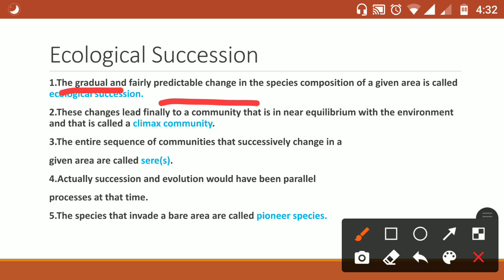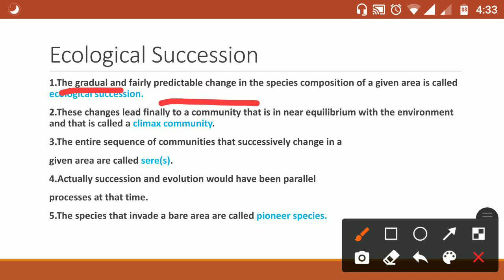For example, if there is a water body and there are no plants inside that, and after some time there will be plants, phytoplanktons and other big plants, and later at the final stage there will be a forest. So this whole process is called ecological succession.